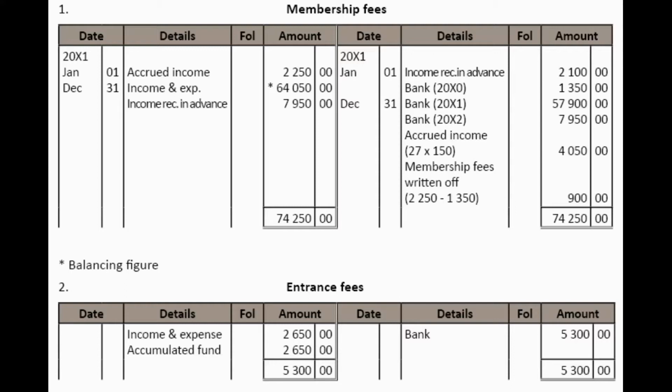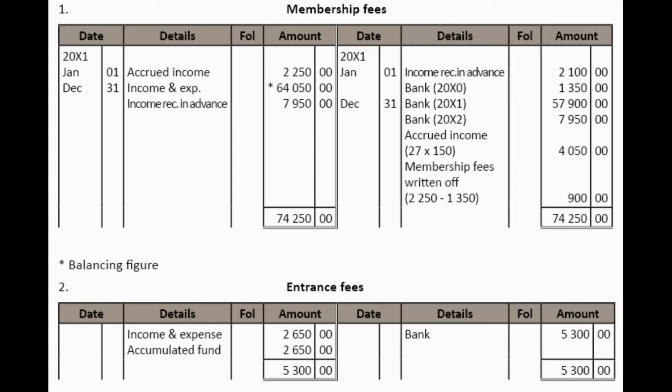Okay, so let's look at the adjustments and the additional information that they give us. Membership fees amounted to R150 per person per year. At the end of 21, 27 members had not yet paid their membership fees for 21, and the outstanding membership fees for 2020 have to be written off as irrecoverable.